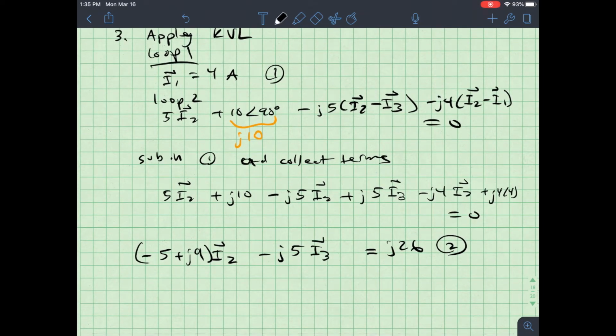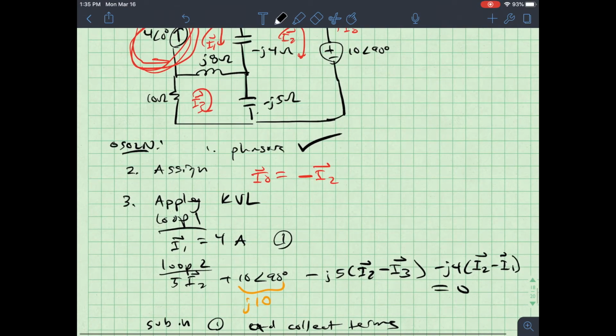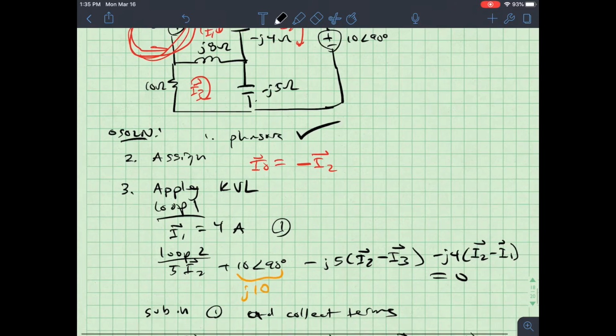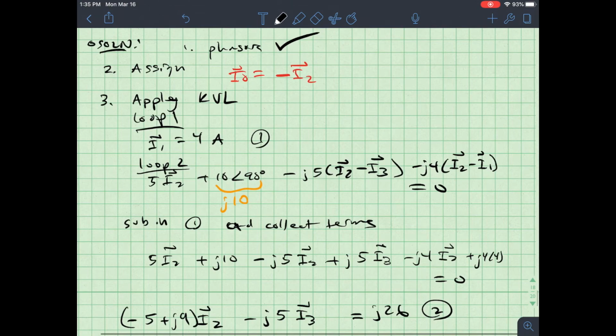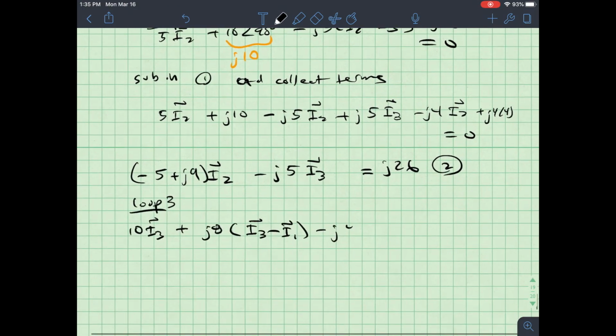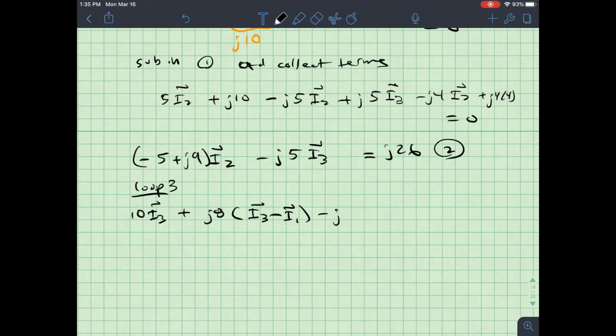Next, I move to loop number 3. In loop 3, I have a 10, a j8, and a minus j5. So let's start with that. I've got 10 I3, then I've got plus j8 (I3 minus I1), minus, oh sorry, my bad, j5 (I3 minus I2) equals 0.